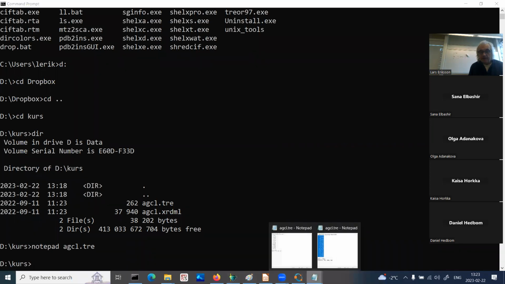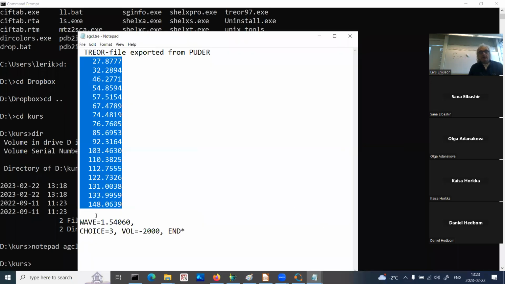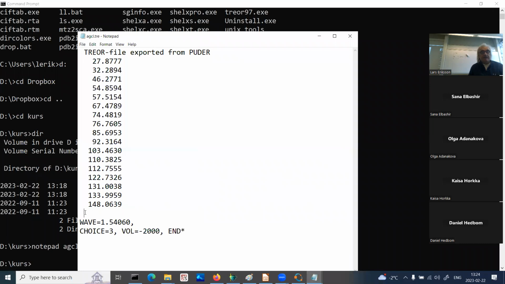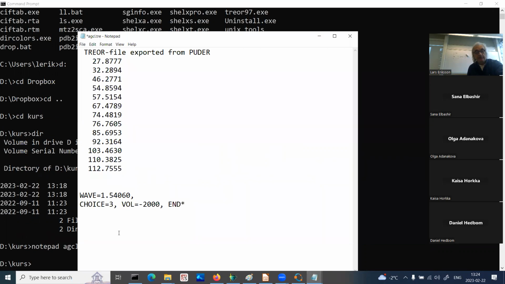Notepad we had, here is Notepad, yes. The data should be finished by a blank line. If we, for example, would like to save these data for later use, then we could put them after. We need the data and a blank line.